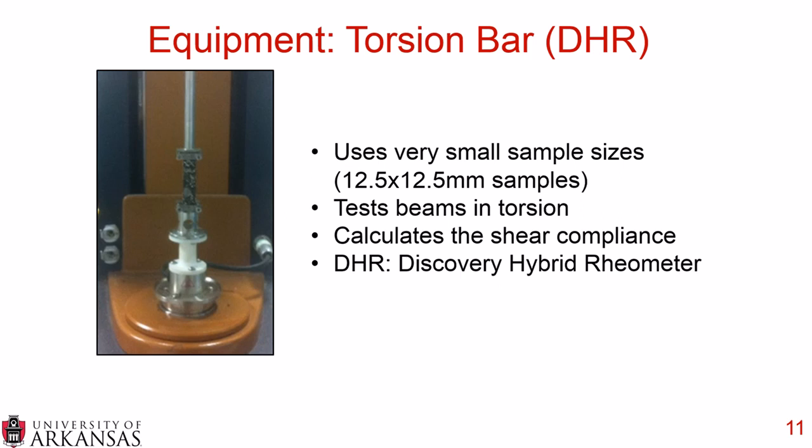And we got the name DHR from Discovery Hybrid Rheometer, which is the piece of equipment that this is run on. And you can see these are very small sample sizes. They're 12.5 by 12.5 millimeters, and it's about 1/100th of the material of an IDT test. So these are very, very small sample sizes, and you can get a lot more tests done with a lot less material. So this is a very attractive proposition.